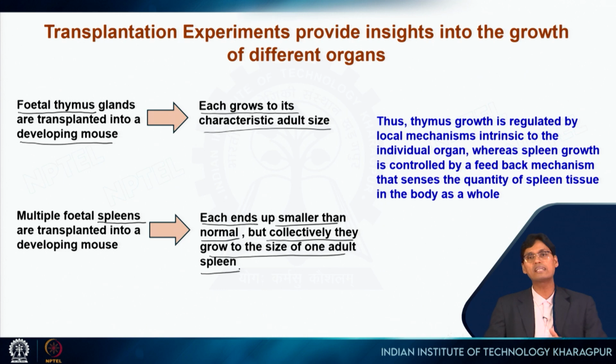Although we have transplanted multiple thymus glands, all of them grow to normal size. Whereas spleen growth is controlled by a feedback mechanism that senses the quantity of spleen tissue in the body as a whole. So you can understand it's a very complex process that in the same individual, in this case a mouse, spleen growth and thymus growth are controlled in different ways.